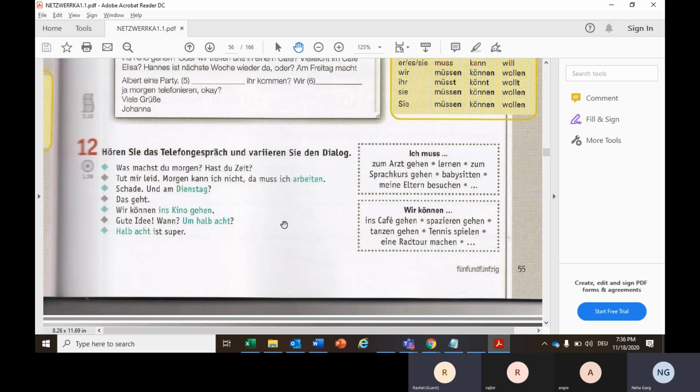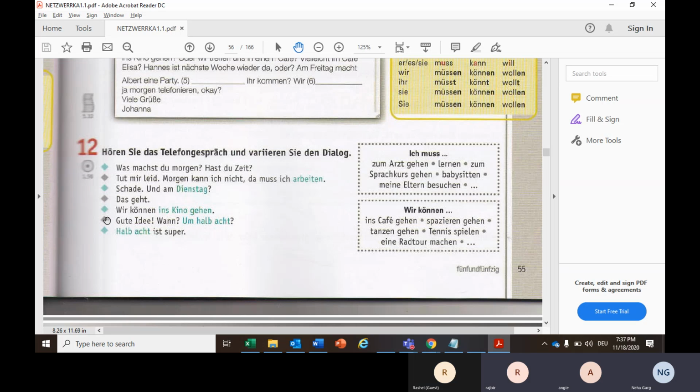Schade. Und am Donnerstag? Das geht. Wir können spazieren gehen. Gute Idee.